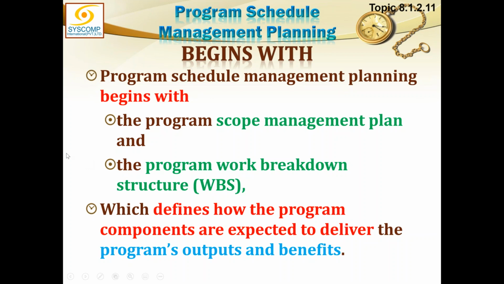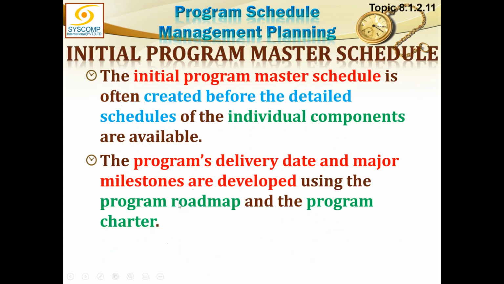These two things will only be available when the scope is done, and scope we have not yet studied. The next topic coming up is scope, but these two things are going to come from the scope: the program scope management plan, and the program WBS, which defines how the program components are expected to deliver the program's outputs and benefits.